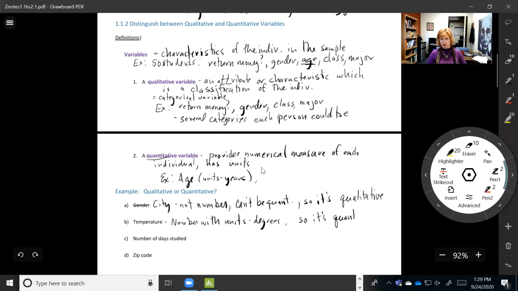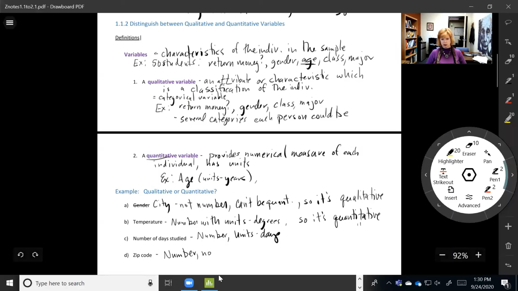It's a quantitative variable. Number of days studied is also a number, and it does have units. It's days. So it's also quantitative.